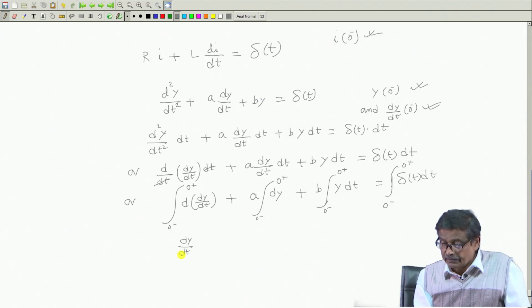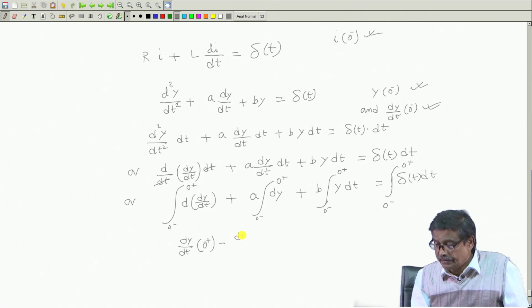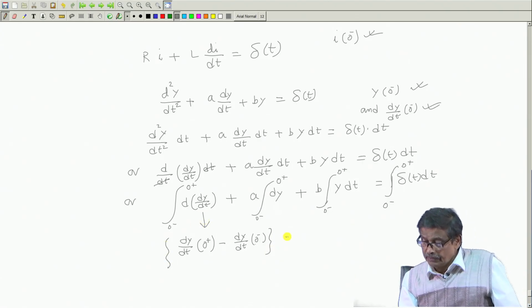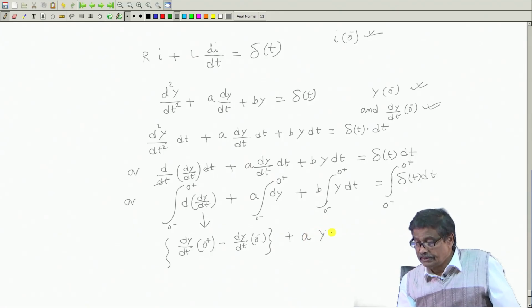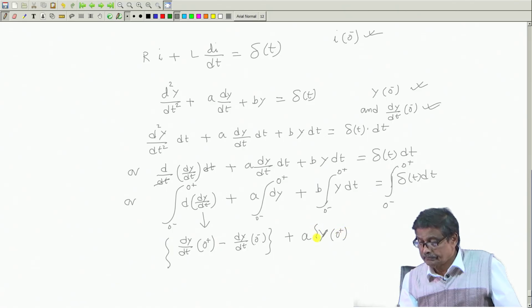Integration will be this thing only dx x, and it is to be evaluated at 0 plus minus dy dt at 0 minus. This is the first term. This one will be a into y 0 plus minus y 0 minus.